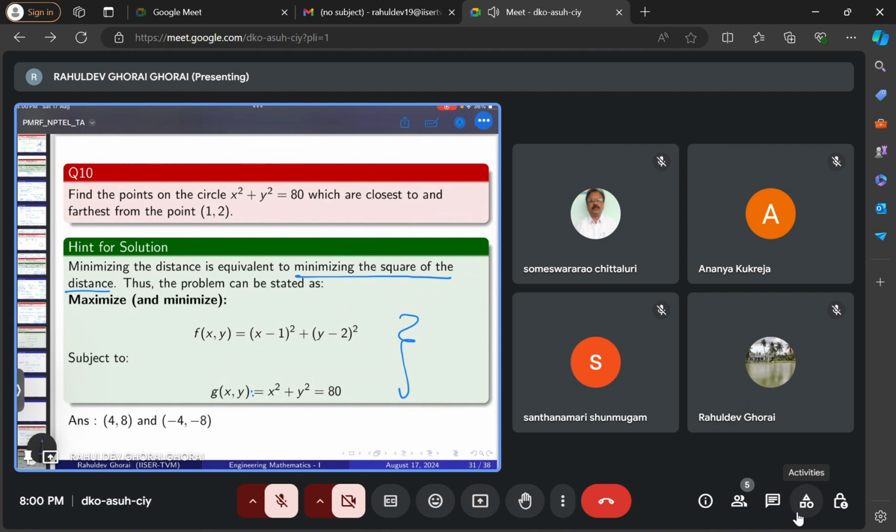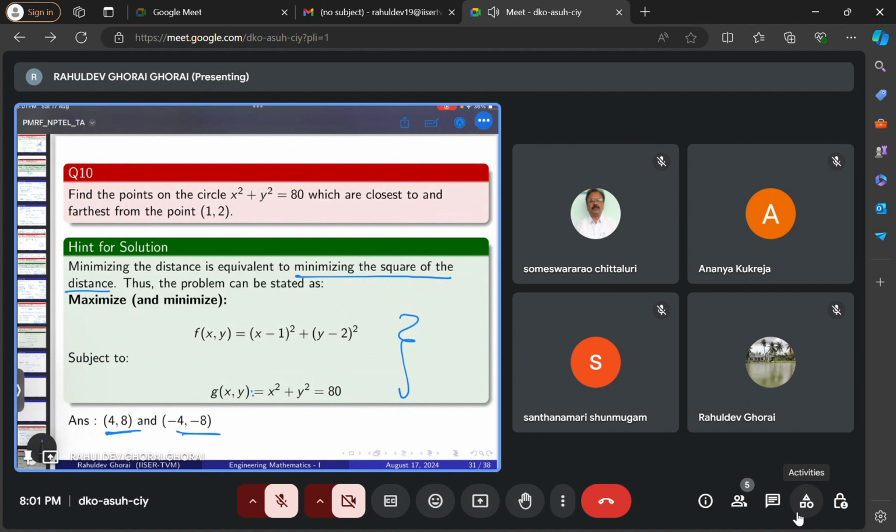This is the hint for the solution, and then you can find fx, fy, and capital Fx, capital Fy, and capital F lambda. Then you will see there will be maybe 2 points which satisfy capital Fx equal to 0, capital Fy equal to 0, and capital F lambda equal to 0, and those points are (4, 8) and (minus 4, minus 8).